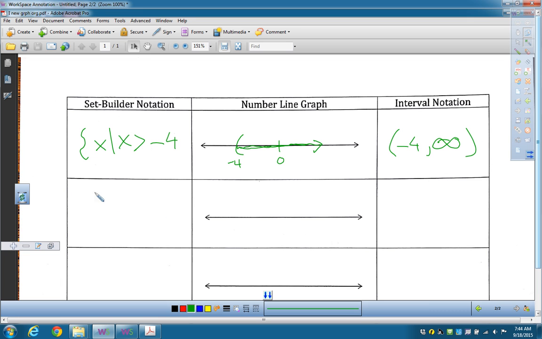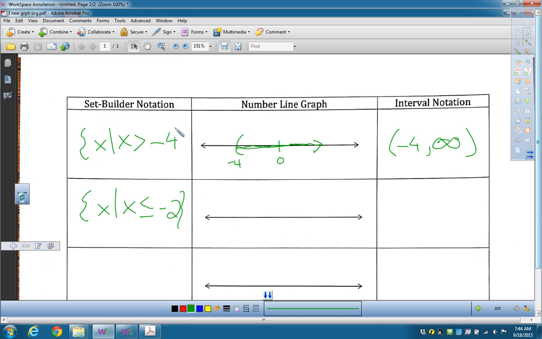So what if I wanted to do set builder notation x, where x is less than or equal to -2? How would I do that one? Where would I start? I forgot the brackets.